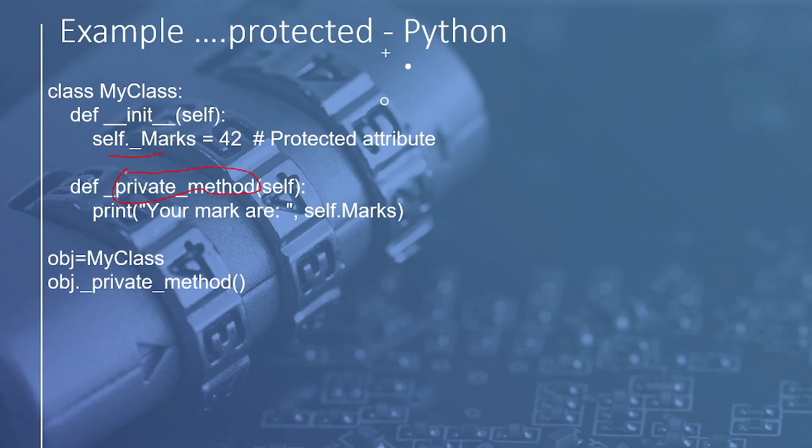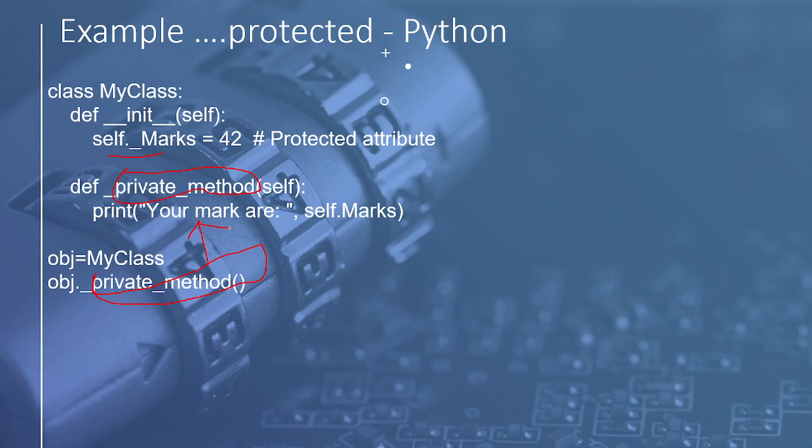Keep in mind, private is not a keyword, and protected is not a keyword in Python. And then we are creating an object and calling it using the method, which will be called like this. Okay, so you can see it is being called easily.